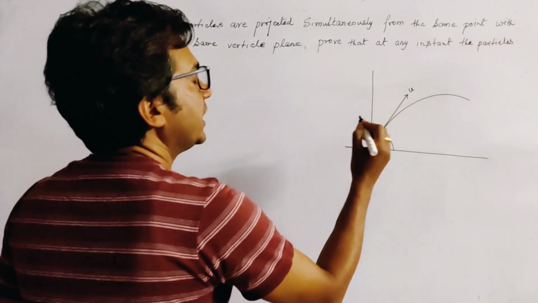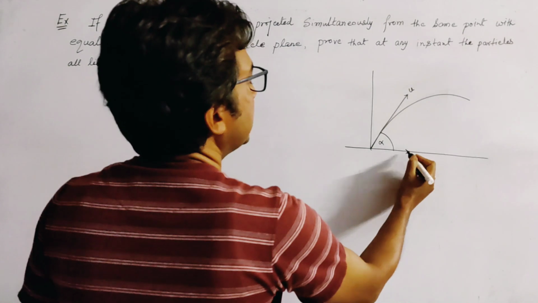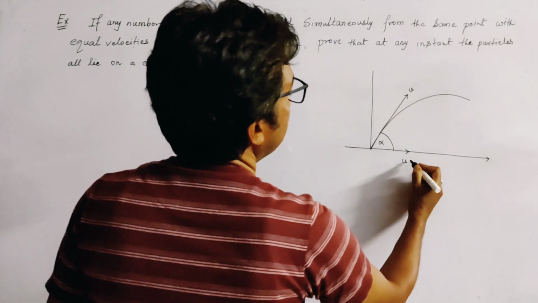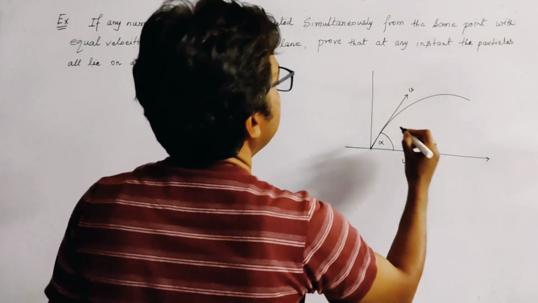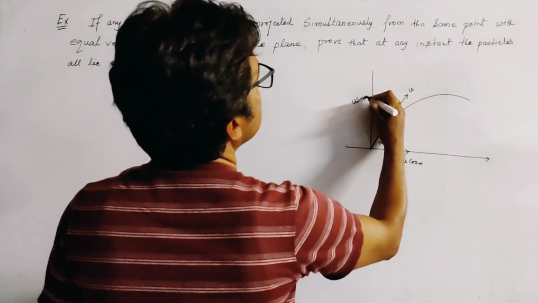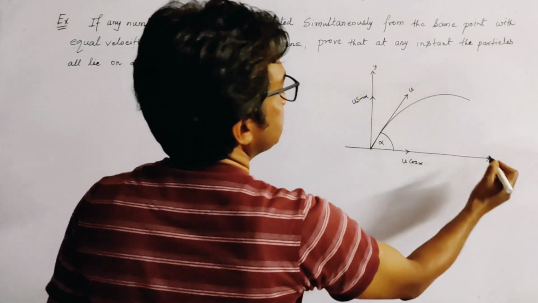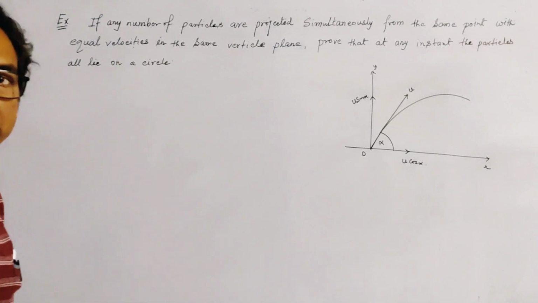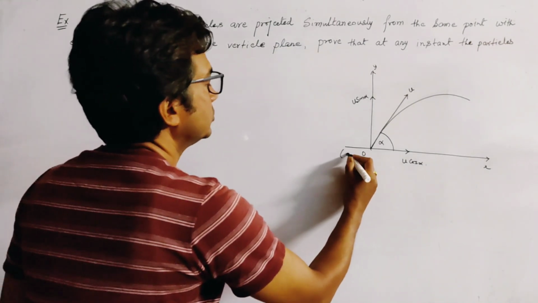And let alpha be the angle of projection. So the initial velocity of projection along the x-axis is u cos alpha, and along the y-axis is u sin alpha. This is the y-axis, this is the x-axis, this is the point of projection. This is the origin and it is 0, 0.